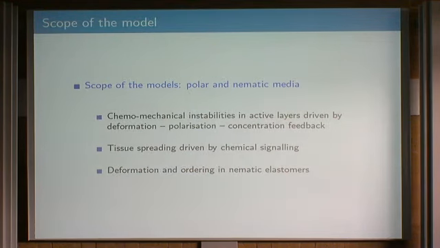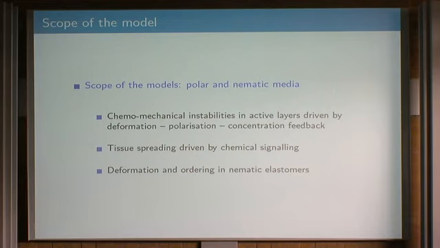And so this is what I will be mostly talking about, how the patterns which are formed by coupling of deformation, polarization, and chemical transformation. And here you see the scope of the model. I'll talk about mechanical instabilities in active layers, and this application to the spreading of tissue.